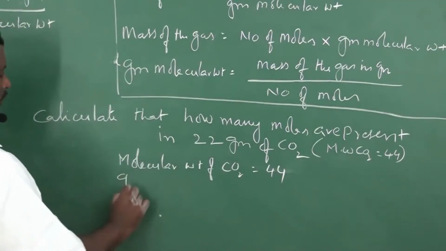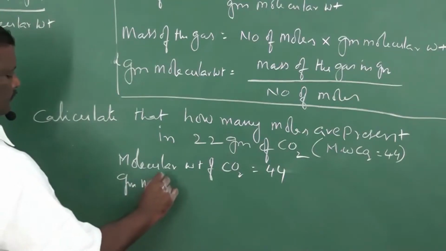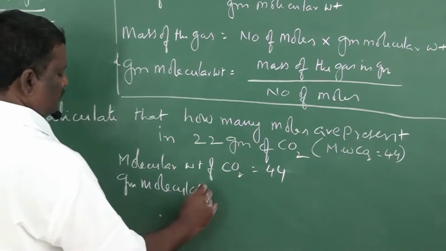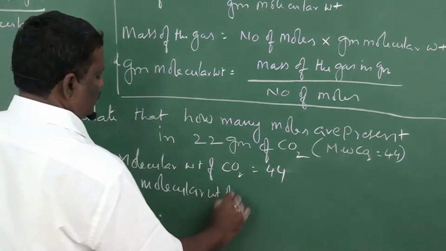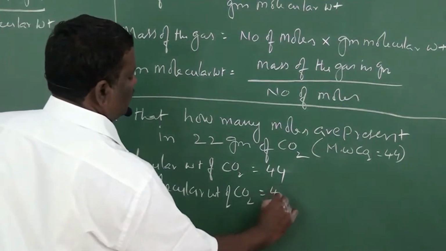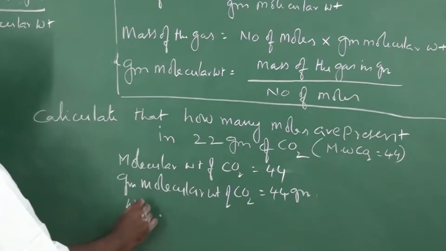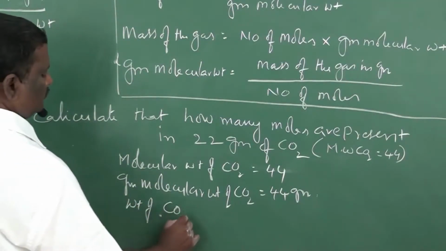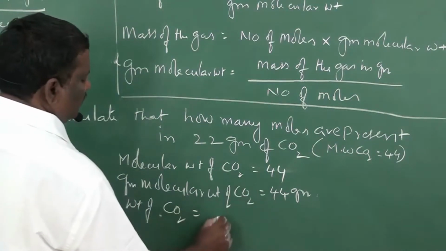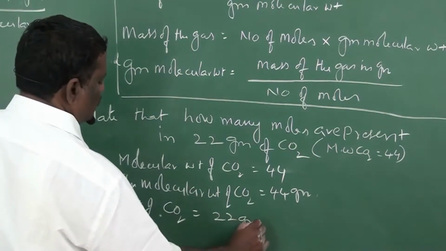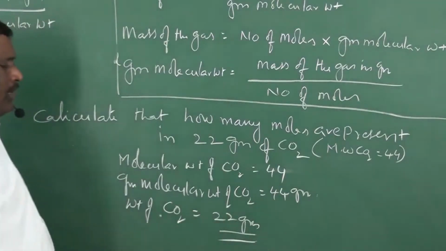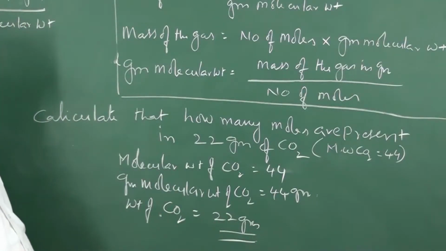Then gram molecular weight is equal to 44 grams. Then weight of CO2 is equal to 22 grams. Here the mass was given in grams only, so you need not convert it. If it is other than grams, then only you have to convert into grams.